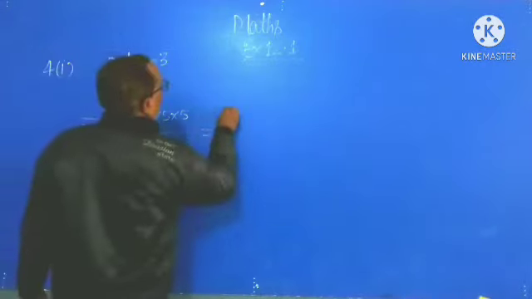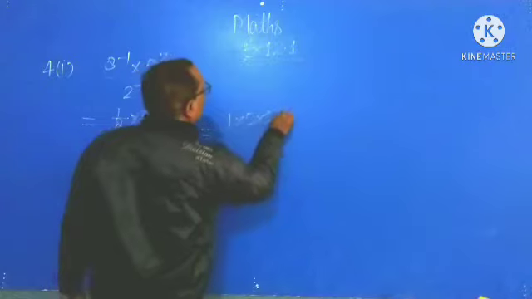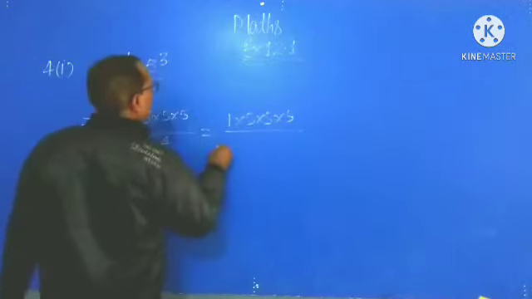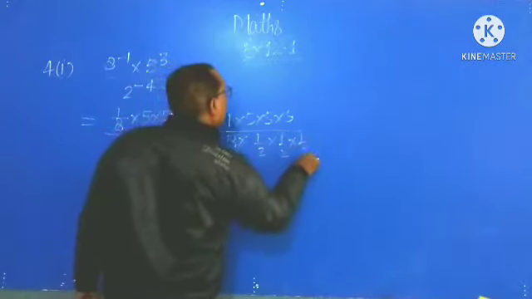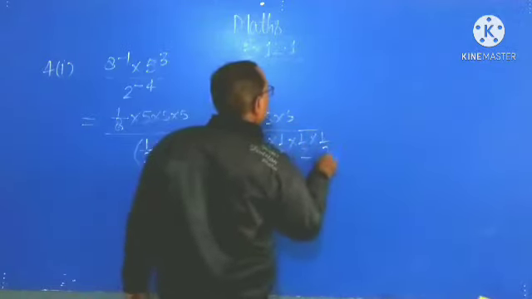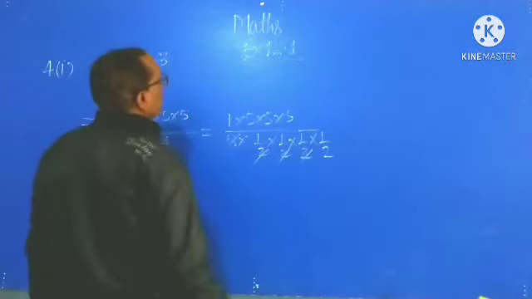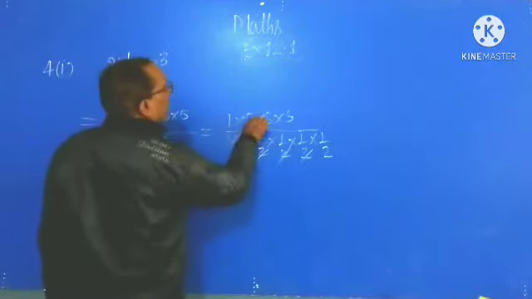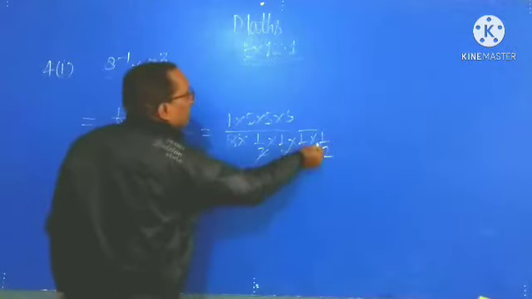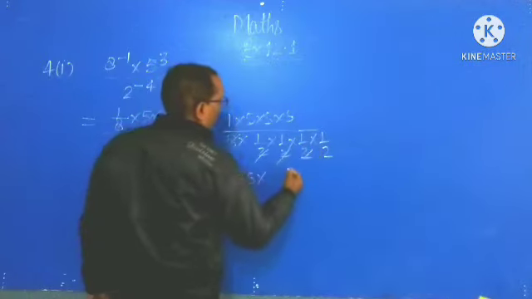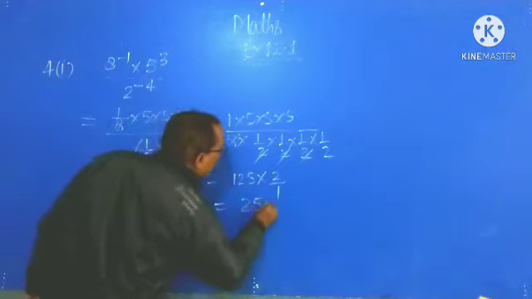Then this is equal to 1 into 5 into 5 into 5 upon 8 into 1 upon 2 into 1 upon 2 into 1 upon 2 into 1 upon 2, 4 times. 2 times 4 is 8, it is cancelled here, and 5 times 5 is 25, 25 times 5 is 125, and when this is divided by 1 by 2, this is equal to 2 by 1. This means 250. It is your answer.